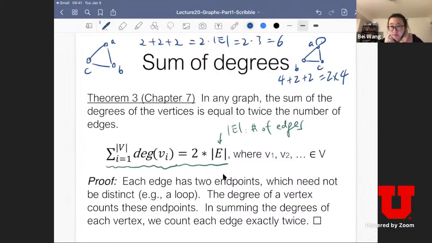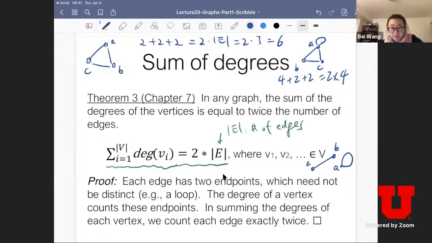So the first fact we know is that if I take an edge from a graph, it always has 2 endpoints. Even if it's a self-loop, it just happens to be the beginning and end point at the same point, but there are always 2. So the degree of a vertex basically counts those endpoints.